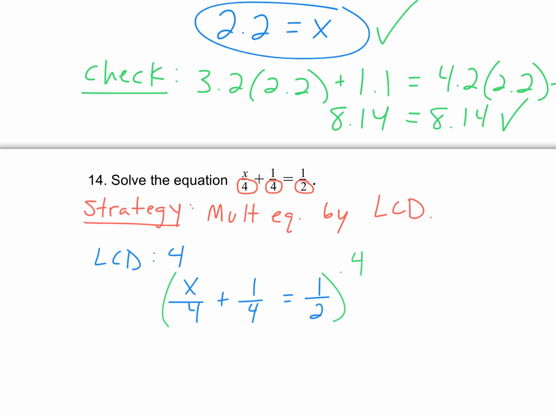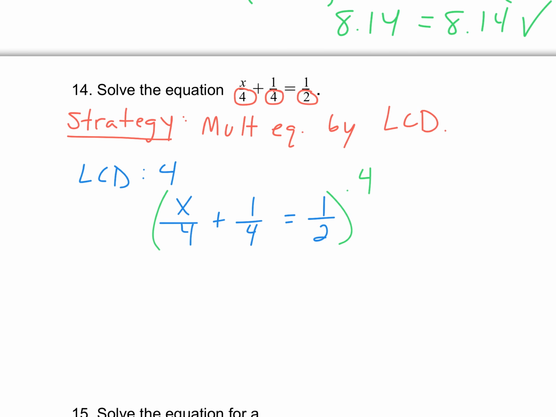So, let me write this out step by step. A lot of people do this next step in their head. But I have 4x over 4, and then I have 4 over 4, and 4 over 2. Things start to reduce on the bottom because 4 over 4 cancels. Here I just get 1, and then 4 divided by 2 is 2.